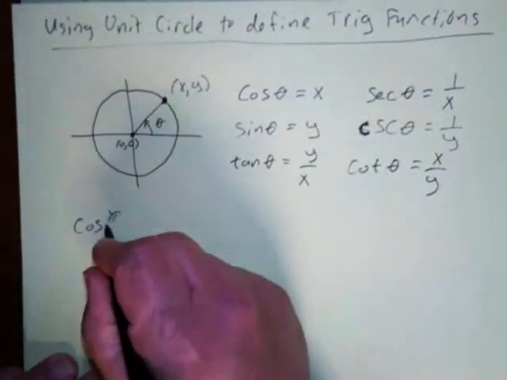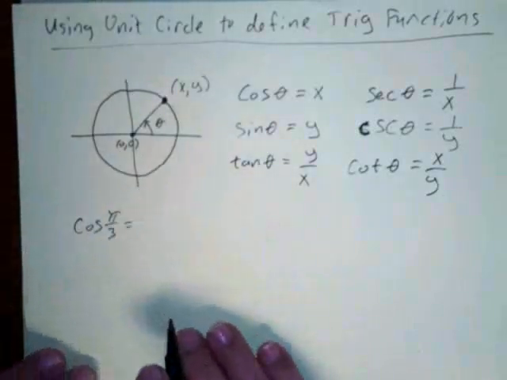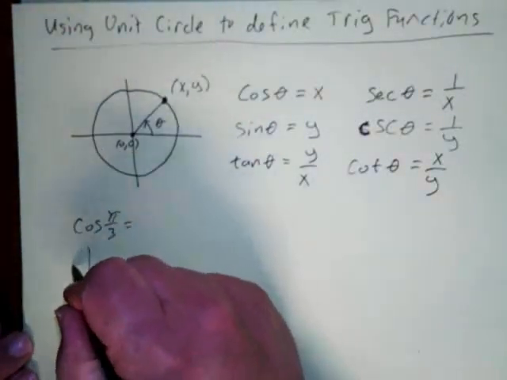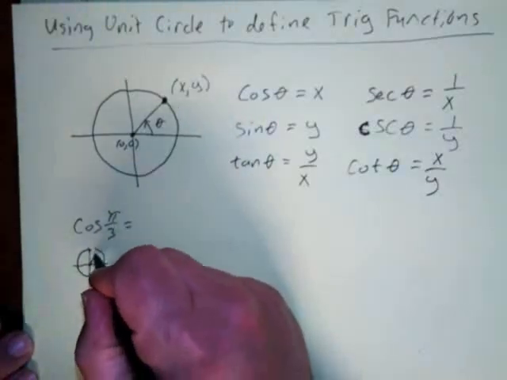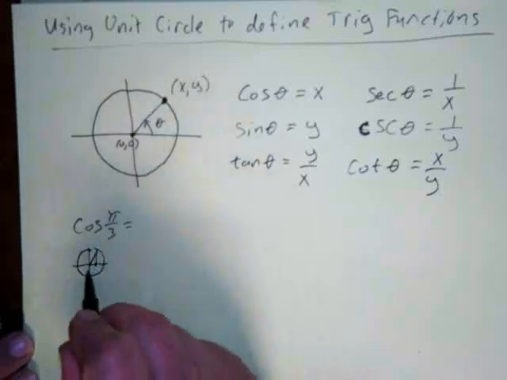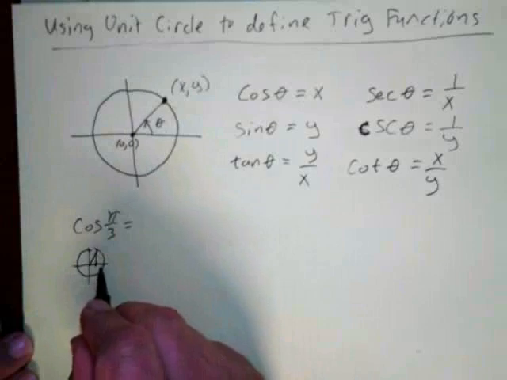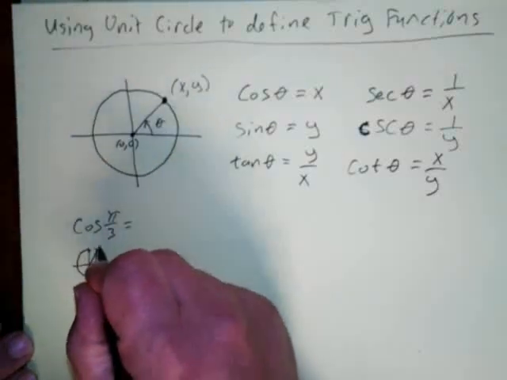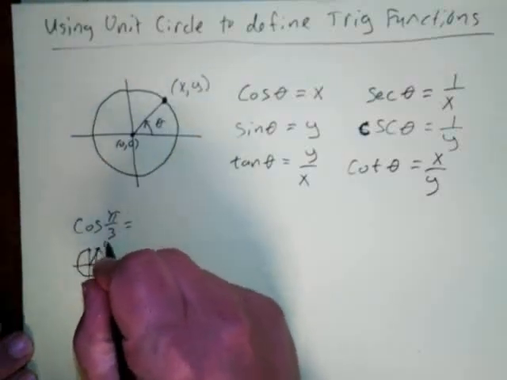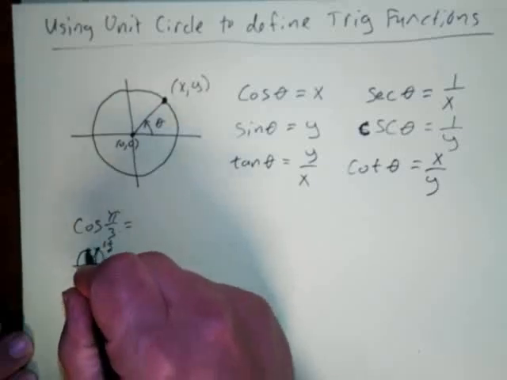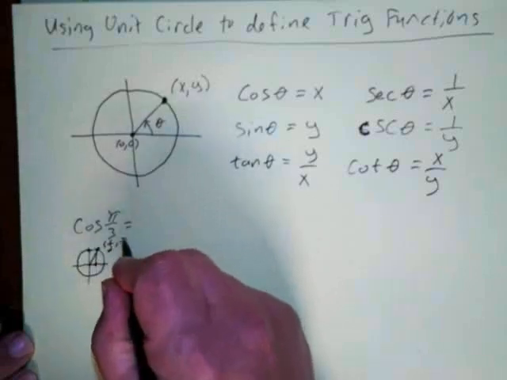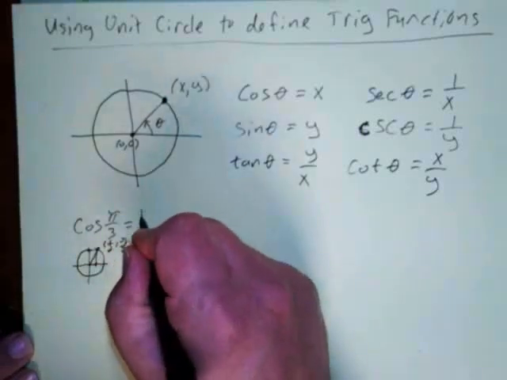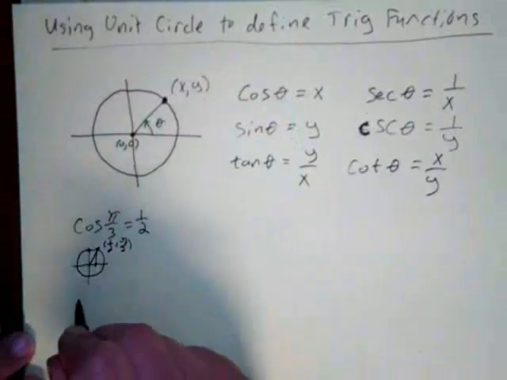Cosine of pi over 3. The way that I think about these is in my mind I actually draw a unit circle, and I think of that as being like this 60-degree angle. For cosine I drop it down and I notice that has to be the 1/2. So for this point the x-coordinate is the 1/2, and then when I bring this over to the y-axis, that's the square root of 3 over 2.